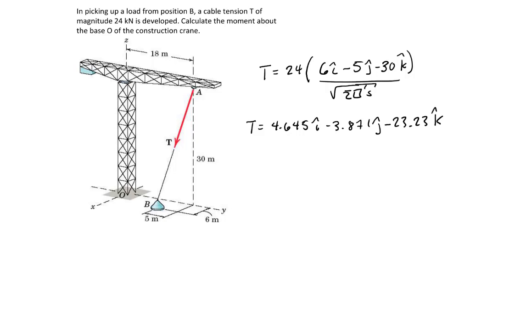Now it's important to keep enough significant digits in your calculation as you move along. I will try to keep 4 significant digits when I do my preliminary calculations, and when you're done expressing your answers, then 3 significant digits would be the appropriate thing.